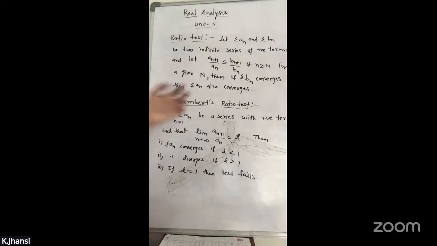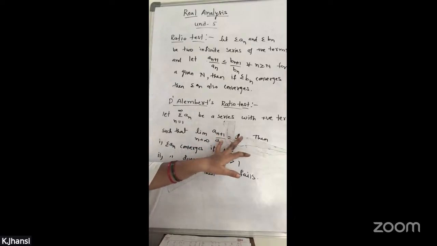So D'Alembert's ratio test, the condition is: let summation an be a series with positive terms such that when you find the limit of an plus 1 by an, you get some value L. Whatever the value is, you may get in the problem X or L, anything.